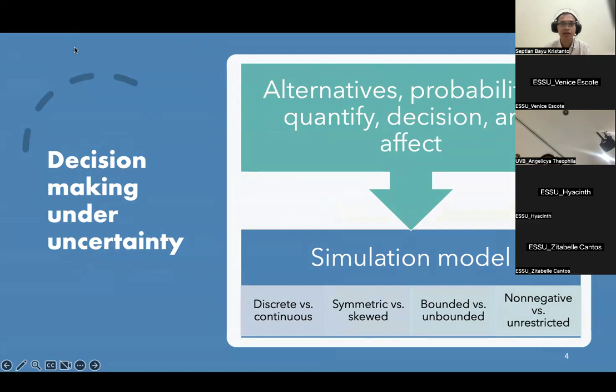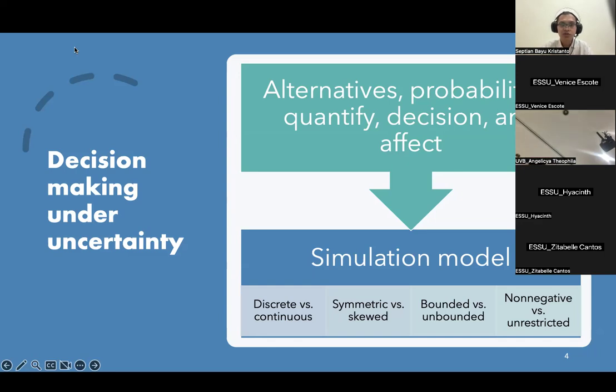You need to make alternatives for plan A, plan B, plan C, and others. Or you can make probabilities or quantifications of your data. Next, we need to make decisions and create effects, maybe affecting the dependent variables or qualified for the independent variables.